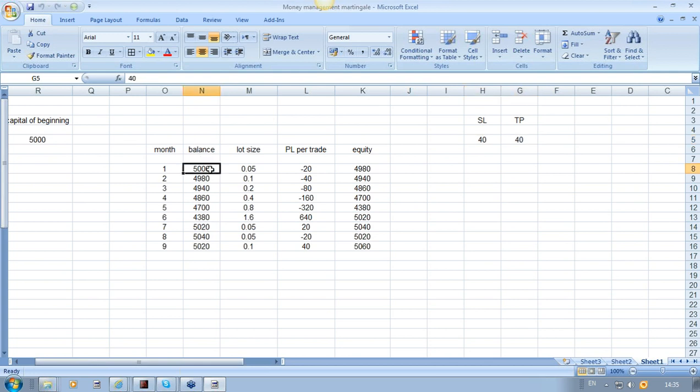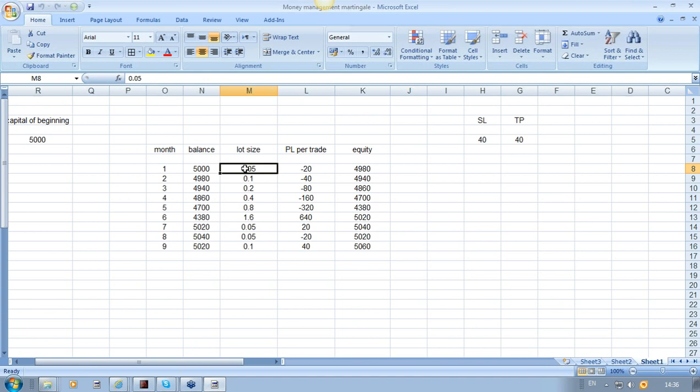I started with the balance 5K, and my first trade is without leverage, 1-to-1. 5,000 amount. If it's euro dollar, then 5,000 euro. If it's British pound dollar, 5,000 British pounds. This is the exact 1-to-1 ratio between the balance and the lot size without any leverage.